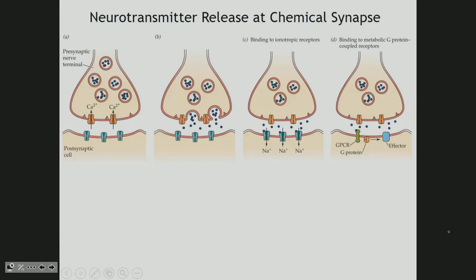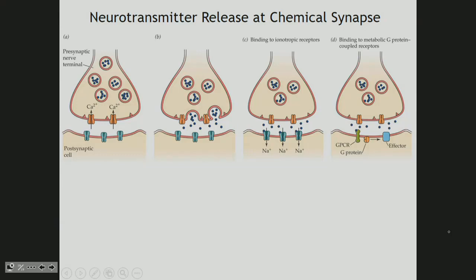basically the action potential arrives at the end of the presynaptic neuron, it causes calcium to enter the cell. That depolarization opens up voltage-gated calcium channels. Calcium moves in, and then these little packets of neurotransmitter fuse to the membrane and dump out the neurotransmitter. That fusion of the vesicle requires calcium, and so you have to let the calcium in for that to happen.